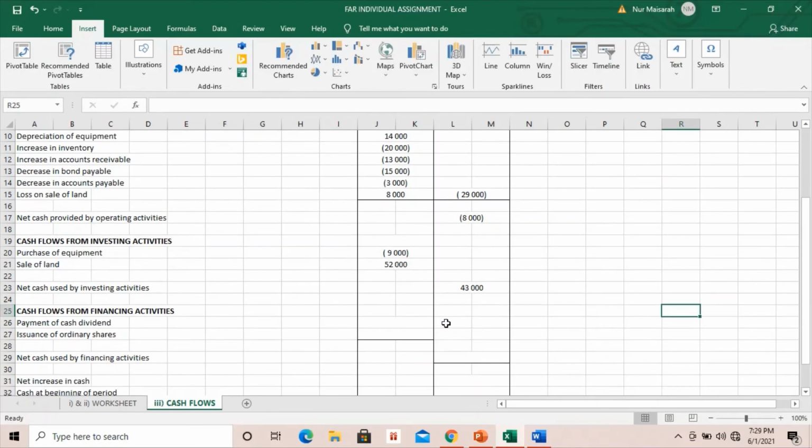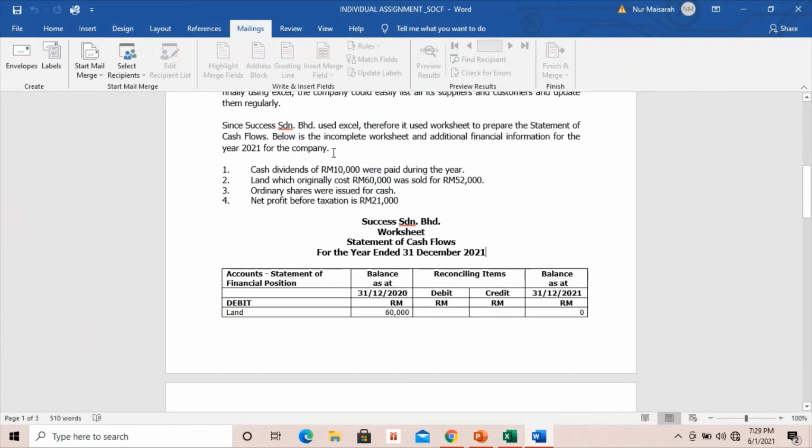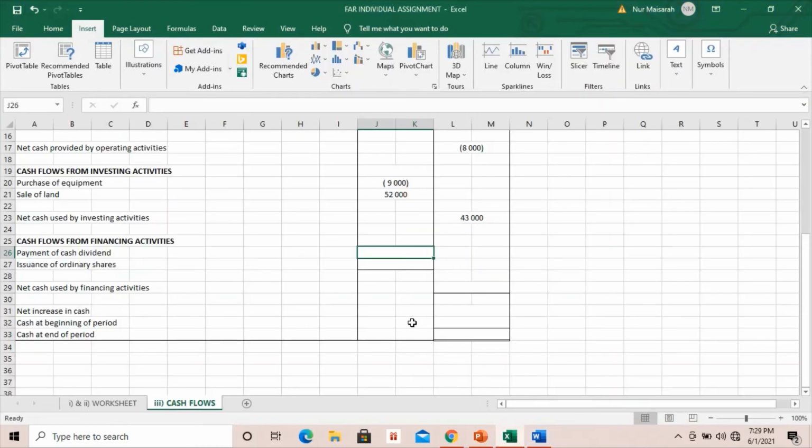And then cash flows from financing activities include the payment of cash dividend, which is 10,000. Then the amount we must deduct.